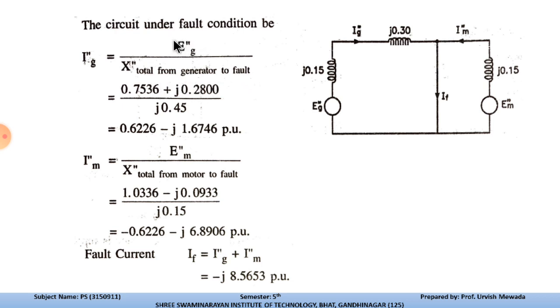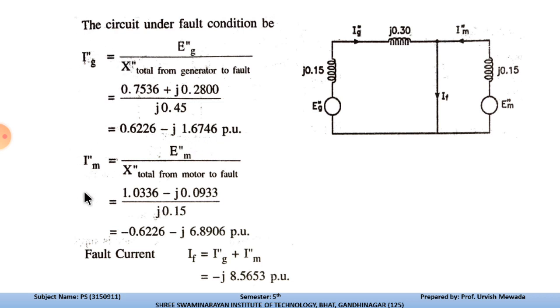EG double dash is 0.7536 plus j0.2800, and X double dash total is 0.45, since 0.15 plus 0.30 are in series. Then IG is 0.6226 minus j1.6746 per unit, the circuit current under fault condition for the generator.